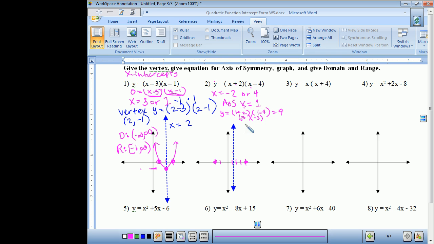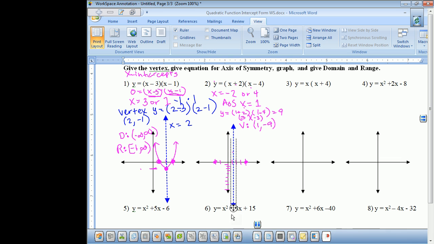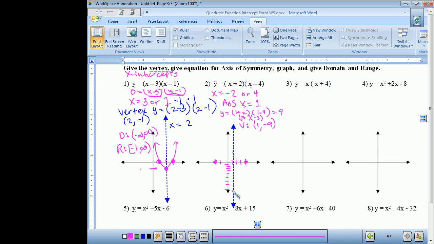Good. So our vertex is the point 1, -9. 1, 2, 3, 4, 5, 6, 7, 8, 9. All right, so we'll put it right here on the axis of symmetry, and then we create our parabola.